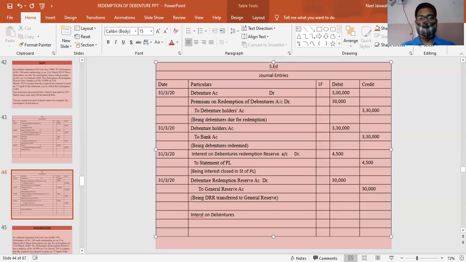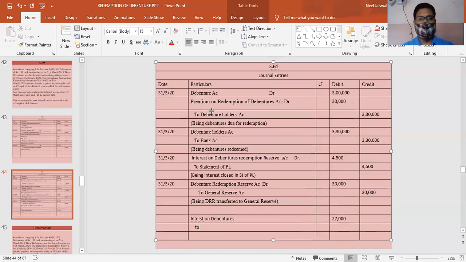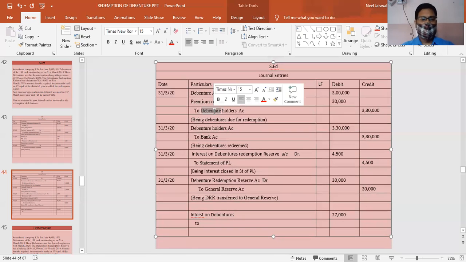So 9% is 27,000. Interest on debentures 27,000, and we have to create interest on debentures to debenture holders. To debenture holders, we need to pay the interest to the debenture holders only.